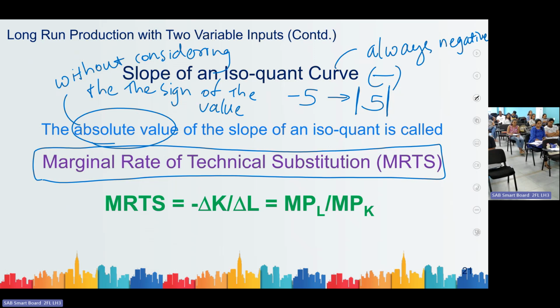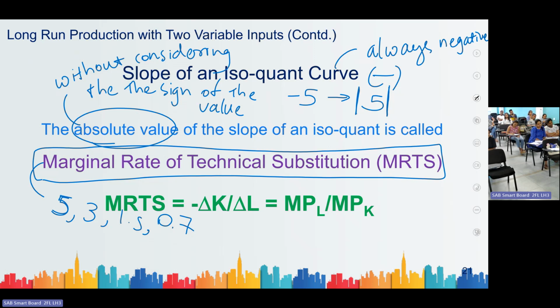We always express marginal rate of technical substitution in absolute value. That means in simple, positive numbers, 5, 3, 2.1, 0.5, 0.7, likewise. Without mentioning the sign, we write the numbers.